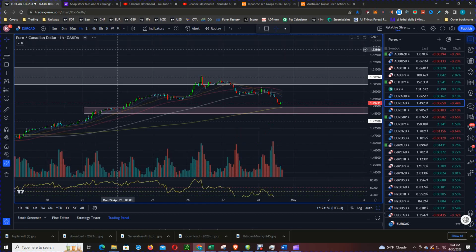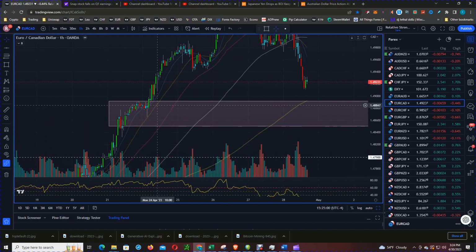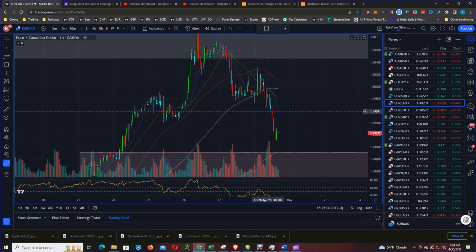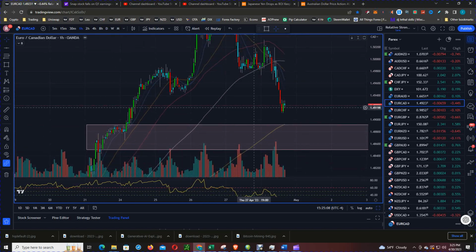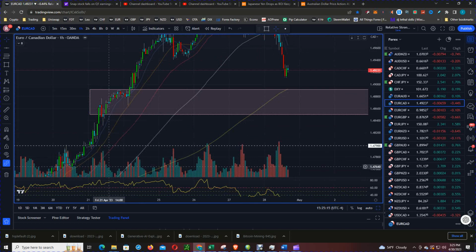Let's just go down to the hourly chart just to see. So you can see how, if you look at the volume, we had a rally into this level, basing, which makes sense, low volume, and then a rally out.